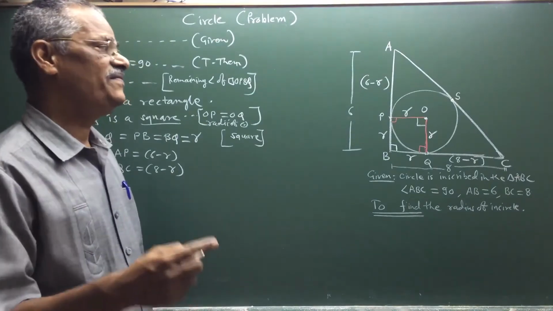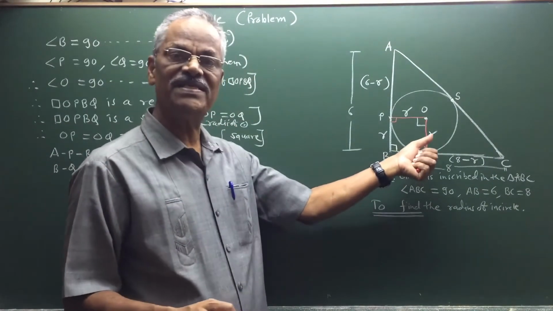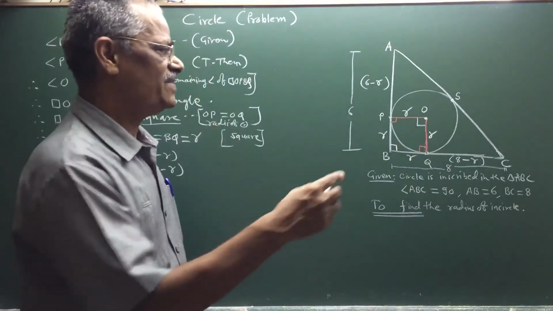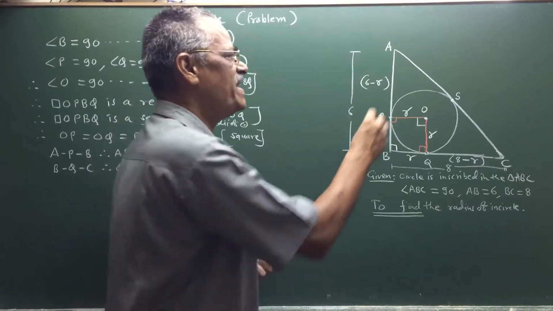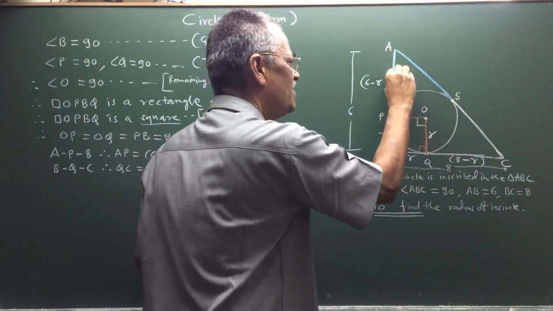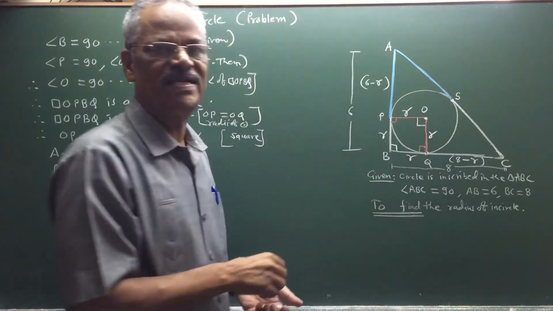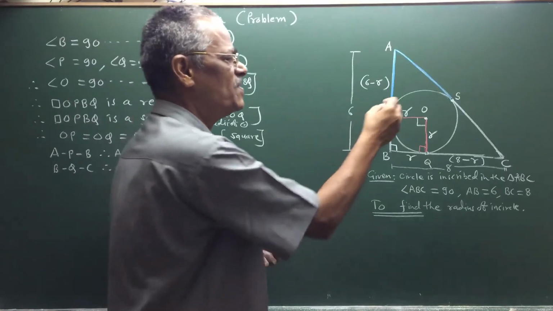After that, very very important, we are going to calculate the radius of this circle, but for that we must go further. What about the tangent segments? Tangent segments from an external point to the same circle are always equal. So you can use this property.